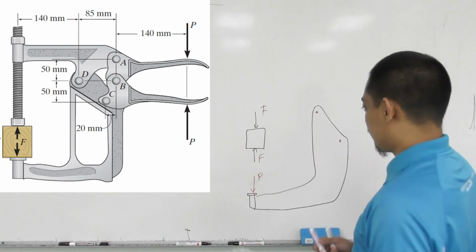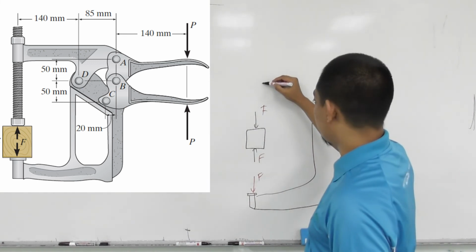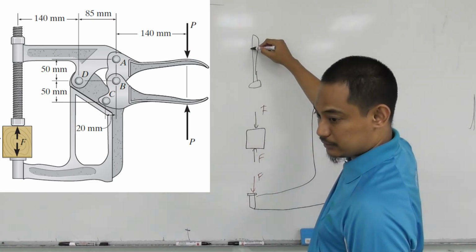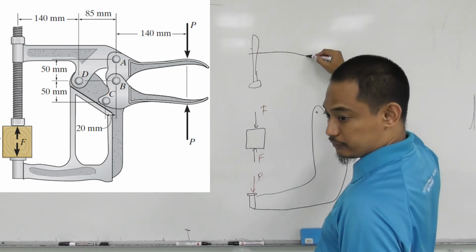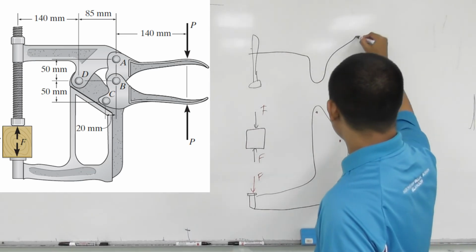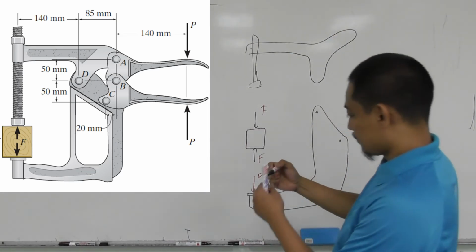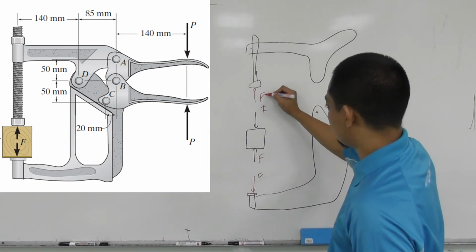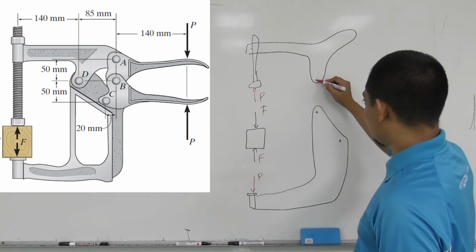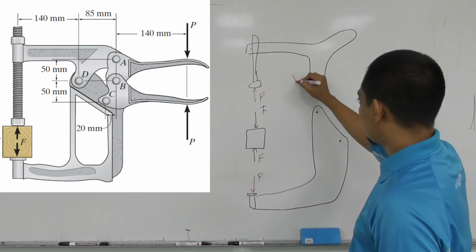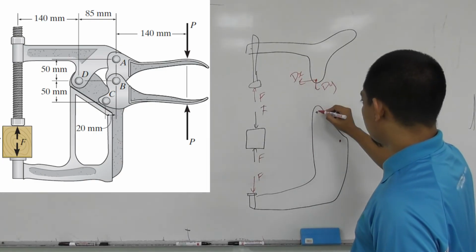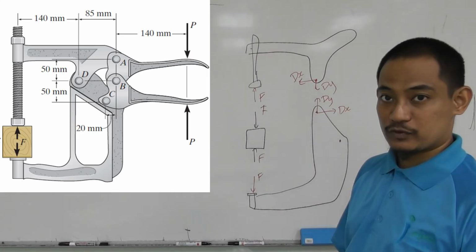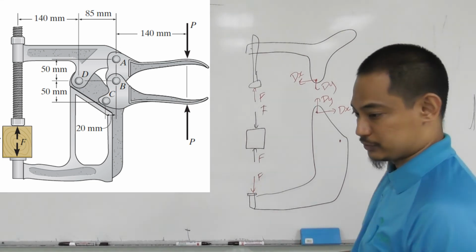I'll draw this top here first, so you have something like that. Basically you have force F here, and then at D you have, for example, Dx, Dy, and here Dx, Dy. So it's just equal and opposite.